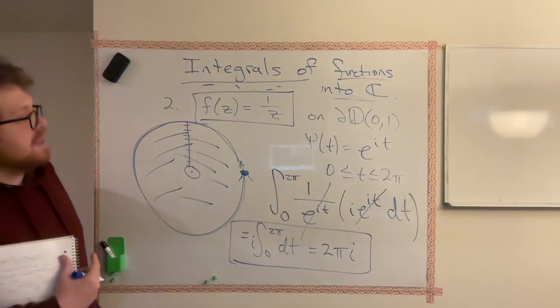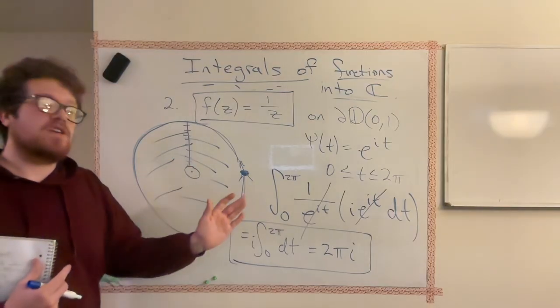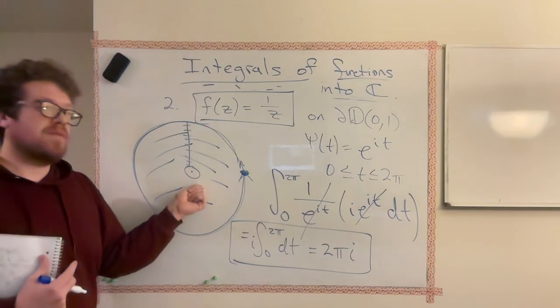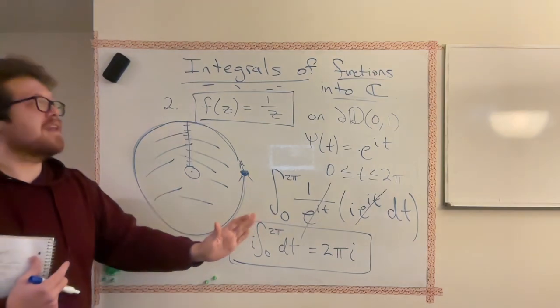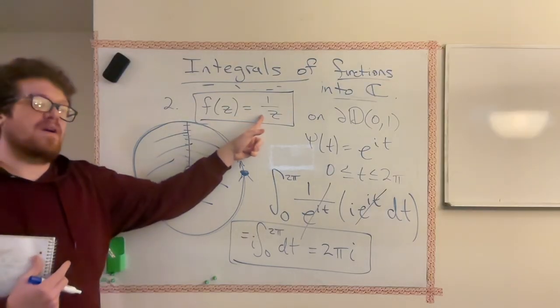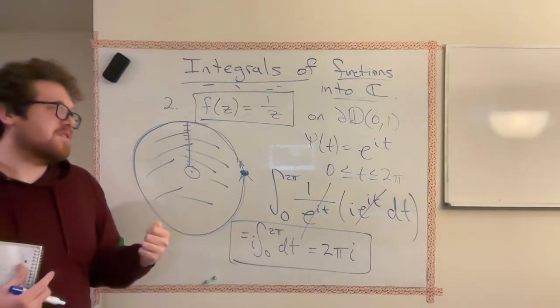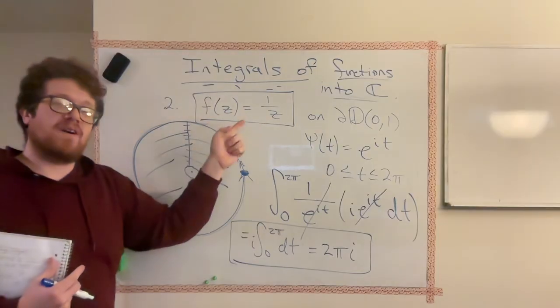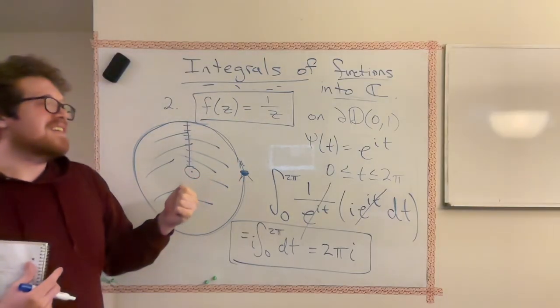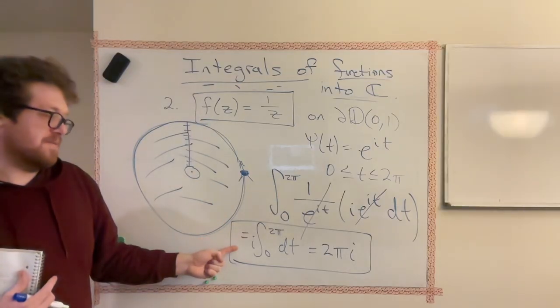But if you look at any function that's defined on the unit disk except at 0, then it has some Laurent series. And the only part that has a problem in the Laurent series is the 1 over z part. The integral of every other part of the Laurent series is 0. So in some sense, the 1 over z part is the only obstruction to the integral being 0.